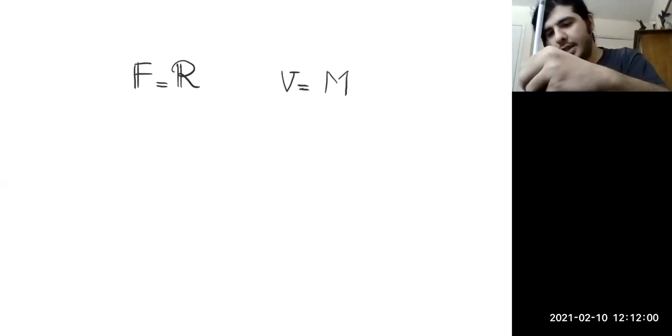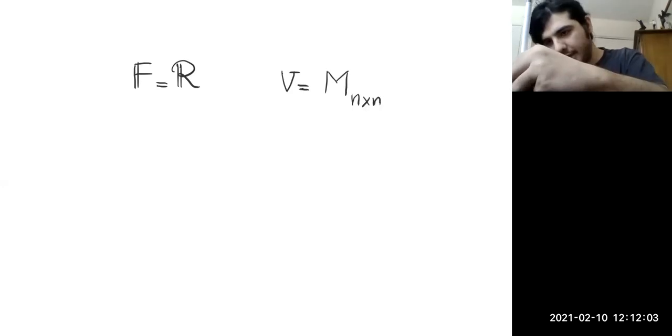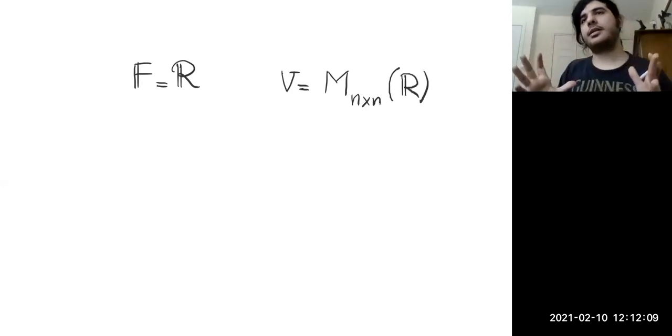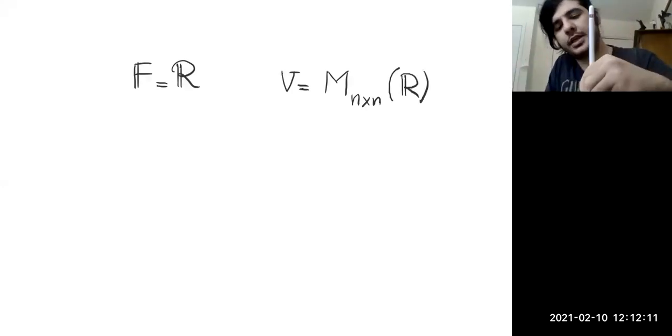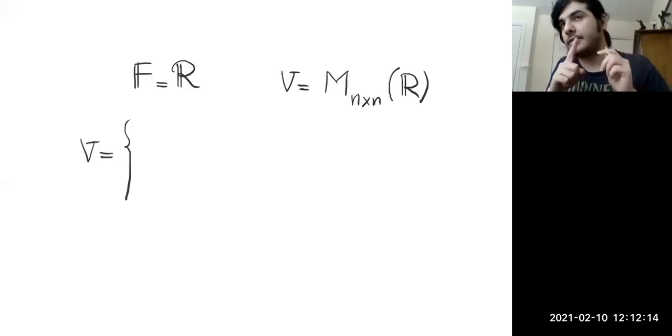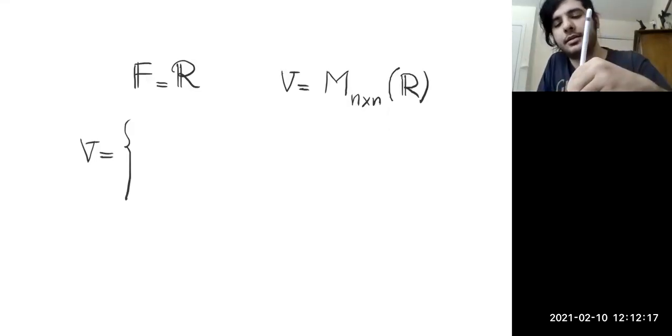Okay, so let's consider another example of a vector space. Say here our field is just the real field R, and define V to be the set of n by n matrices. We usually show it with this notation, M n by n matrices over R. It means the set of all n by n matrices with components coming from real numbers.